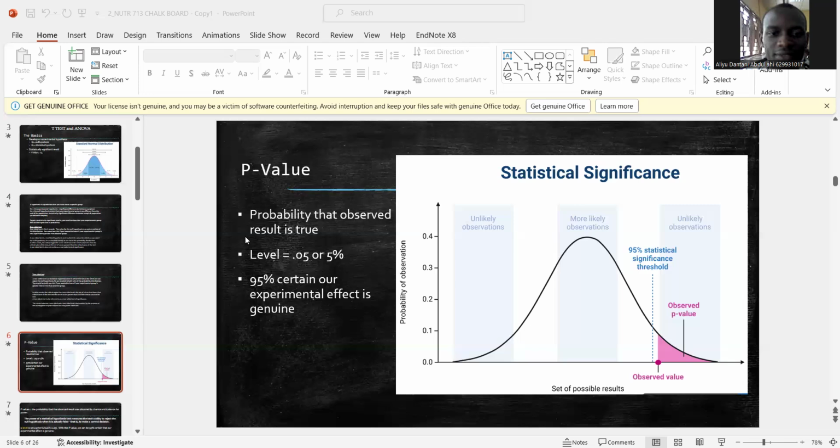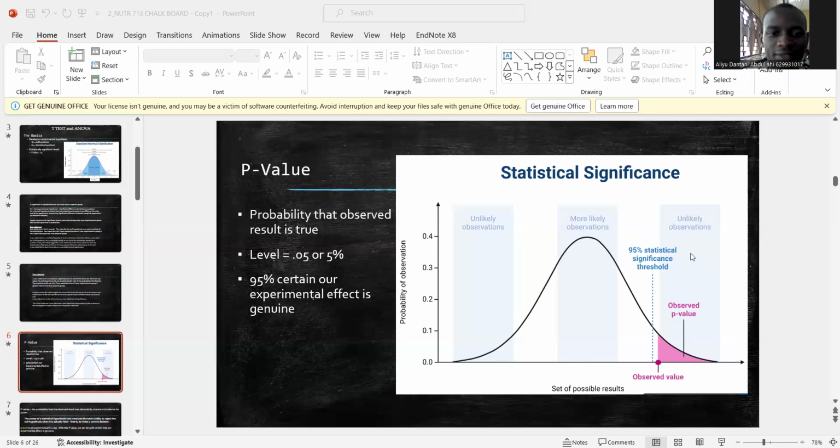So the probability that the observed result is true. The level of significance is 0.05, of course, 5%, right? This is the 95% confidence threshold. This is where you expect your more likely observations. Or when there's a 5% chance that your observation is significantly different from one group to another, then statistically that's significant.